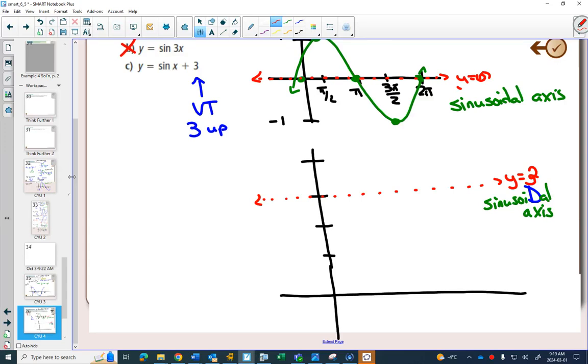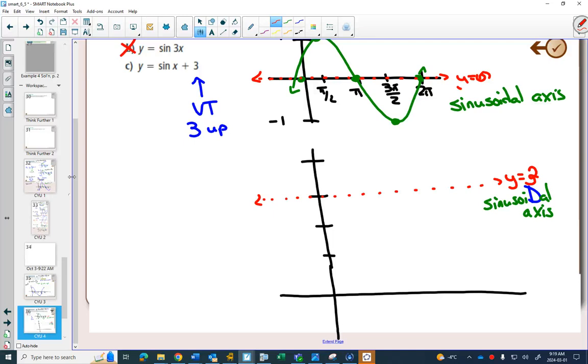I was so focused on making that D in blue so that you could see that. So your sinusoidal axis will be at 3.